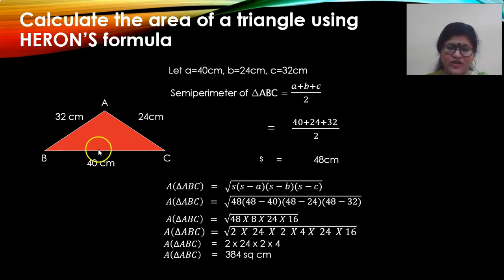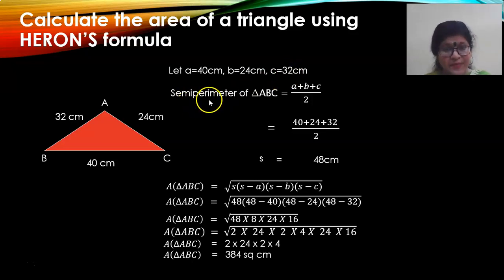So BC is actually small a, which is 40 centimeter. The side opposite to angle B, that is AC, is small b. So b is equal to 24 centimeter. And the side opposite to angle C is AB, which is 32 centimeter. So you have a, b and c.